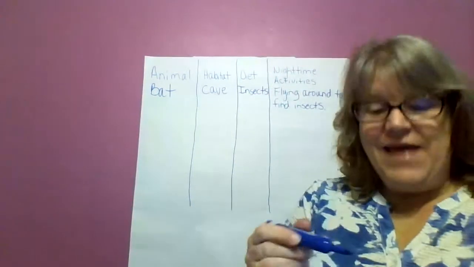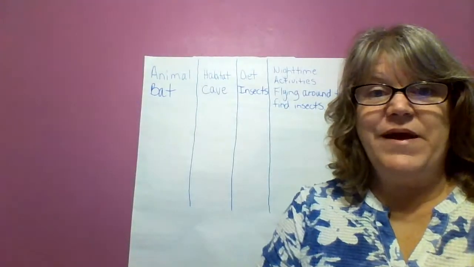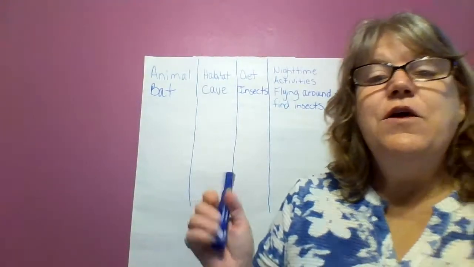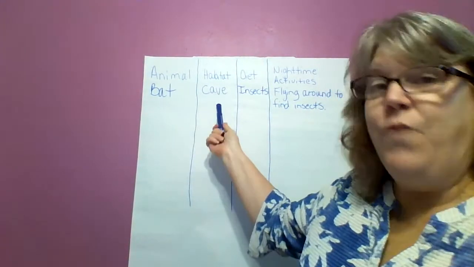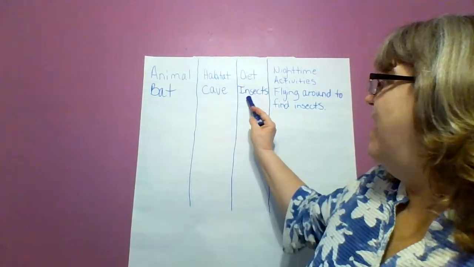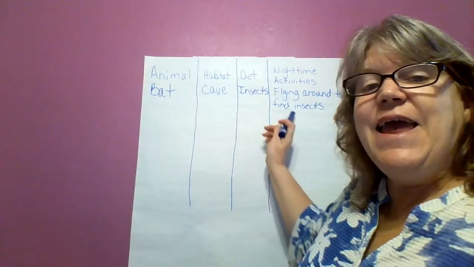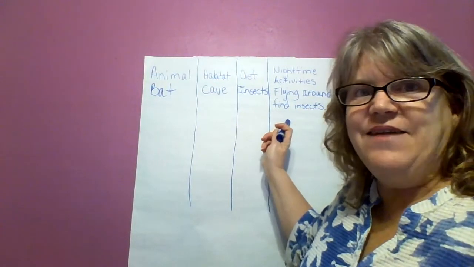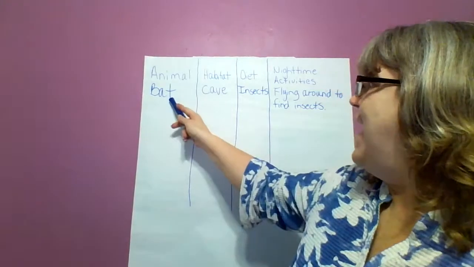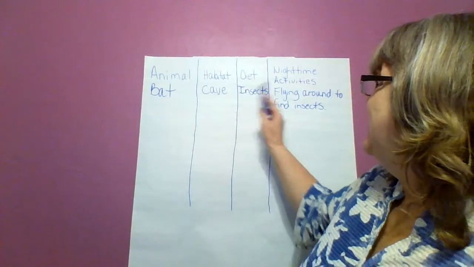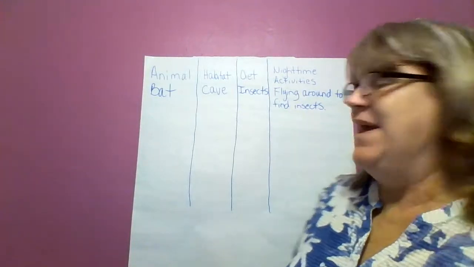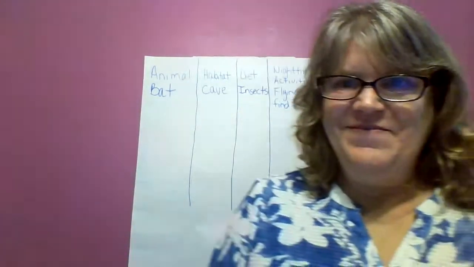Okay, so that's an example of what we're going to be doing on our chart. We're going to be talking about the animal, their habitat, where they live, their diet, what they eat, and what they do during the night. Okay, so our bat lives in a cave, he eats insects, and he flies around to find insects at night.